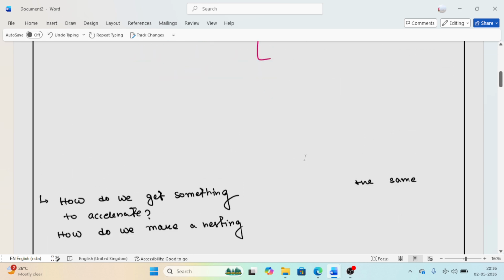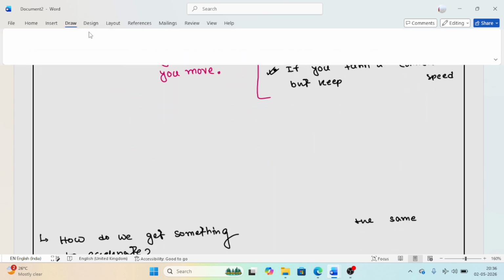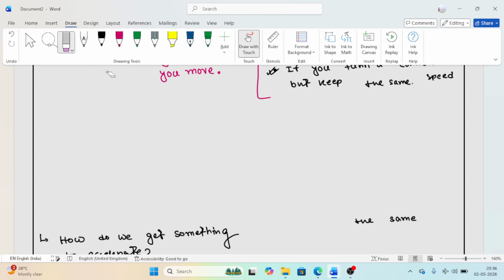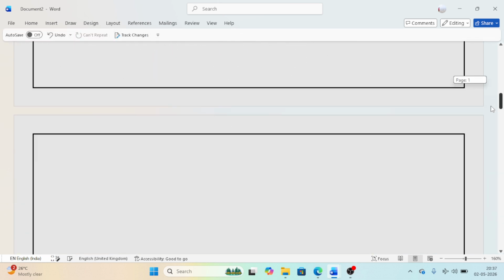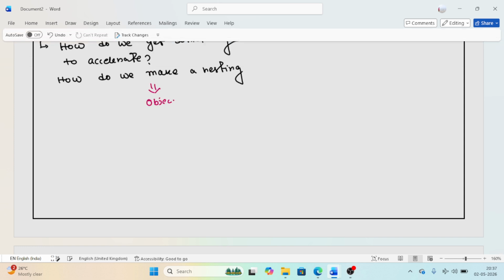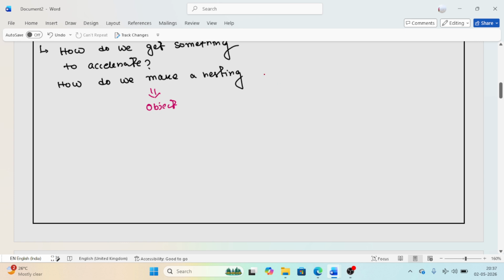So we understood from there, a resting object moves, and this is due to a cause, and this cause is known as force.